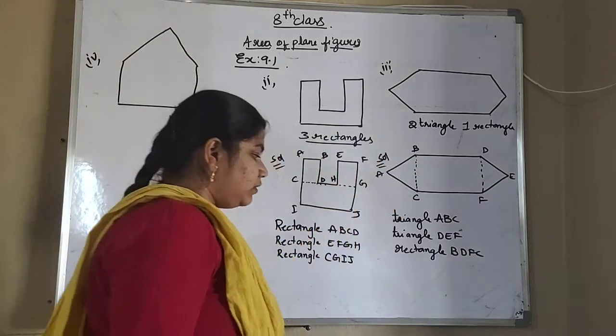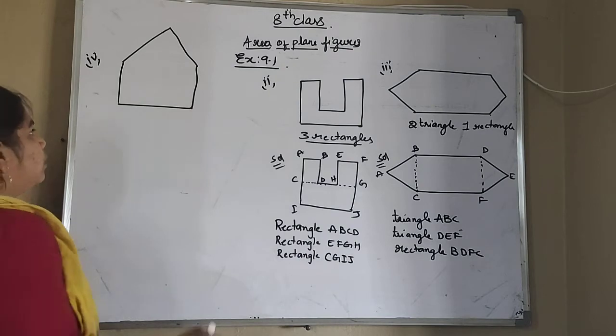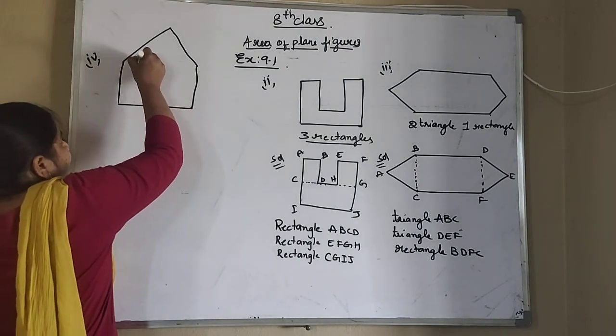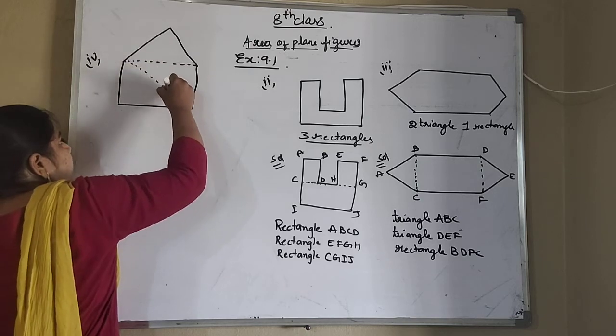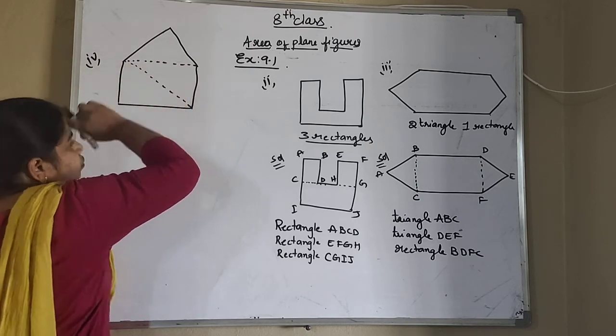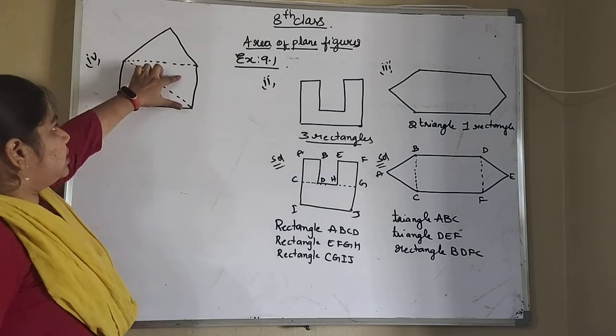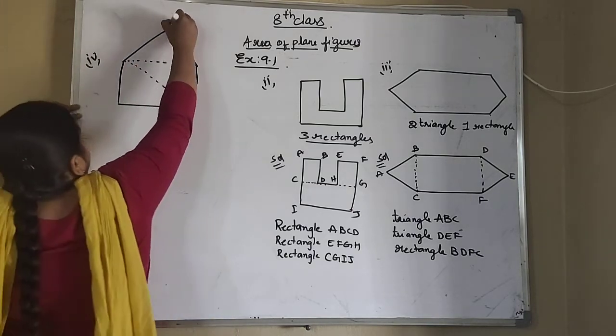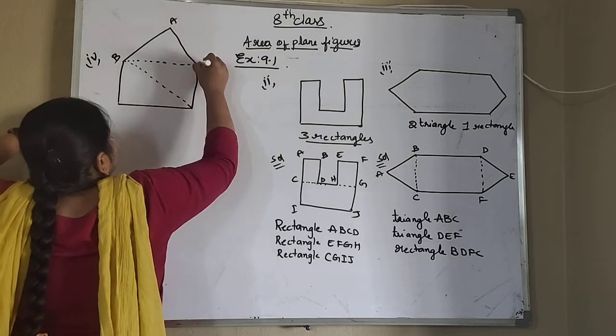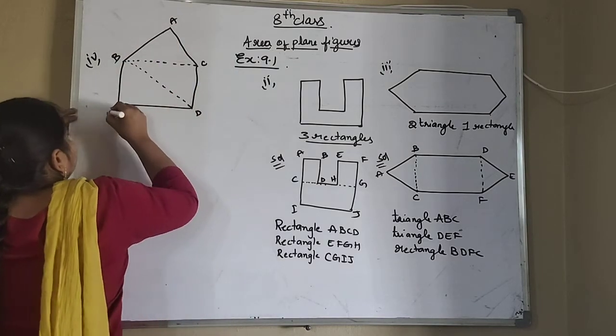We have to divide this into three triangles. So how to divide? I am drawing one line like this. This will be one triangle, and crossly I am drawing. So these two parts will be the other two triangles. First triangle, second triangle, and third triangle. Now what are the triangles? Name it as A, B, C, D, E.